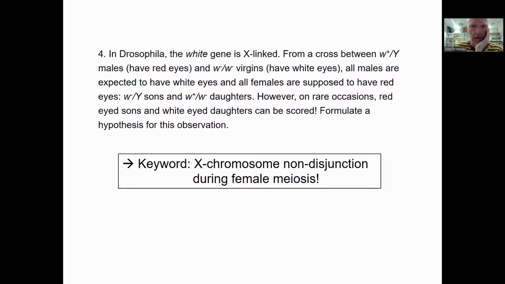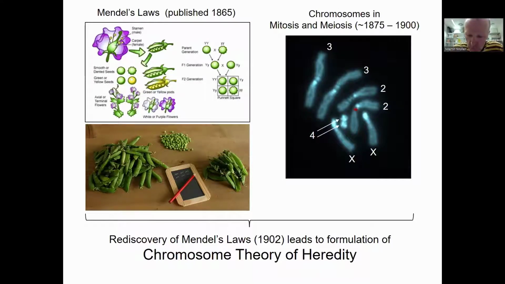Okay, let's go to the fourth question. That has again something to do with meiosis, and the key word is X chromosome non-disjunction. And this observation of X chromosome non-disjunction was the topic of a paper by Bridges, which he published in 1916, and it was kind of a proof of the chromosome theory of heredity.